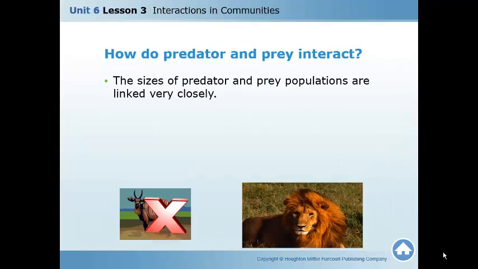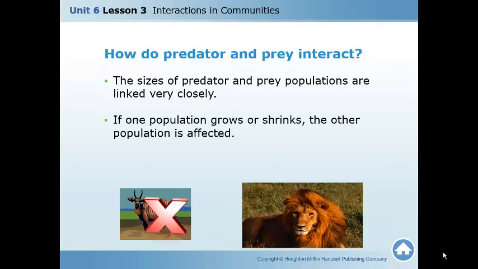The sizes of predator and prey populations are linked very closely. If one population grows or shrinks, the other population is affected too. So think about gazelles in Africa on the savannah. If there are lots of gazelles, then the lions will have lots of food to eat, and so there'll be more lions too to eat the gazelles.